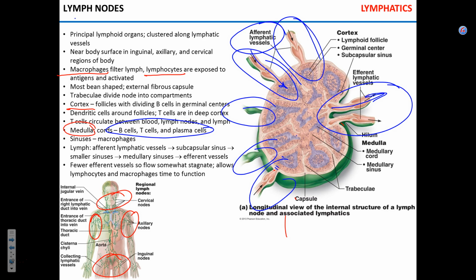So lymph stays in the lymph node for some period of time that allows the successful activation of B and T cells. Does that make sense? More afferent vessels means that lymph will stay in the lymph node. Make sense? We're clear.